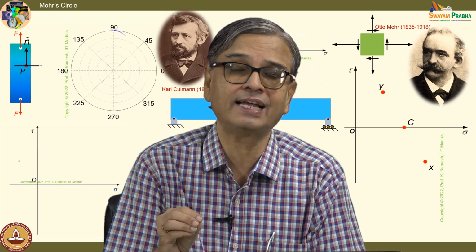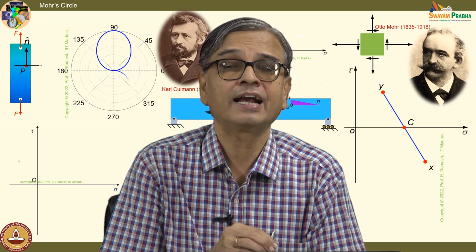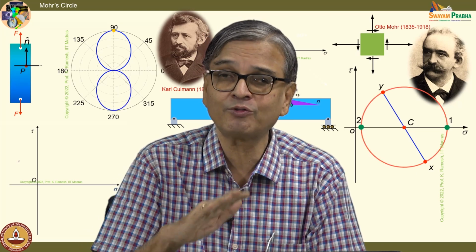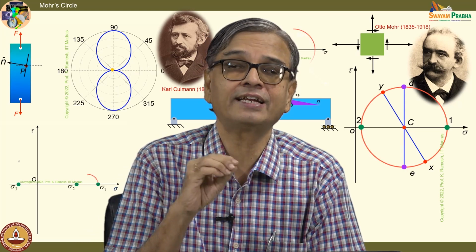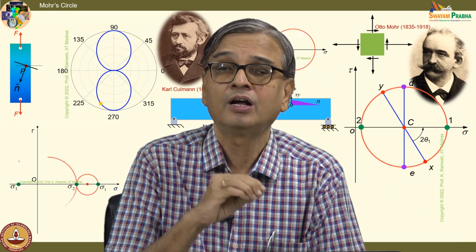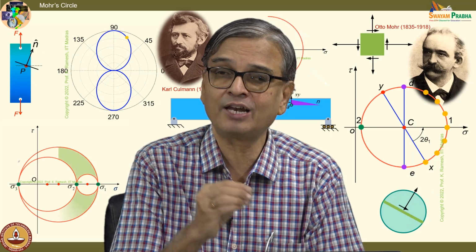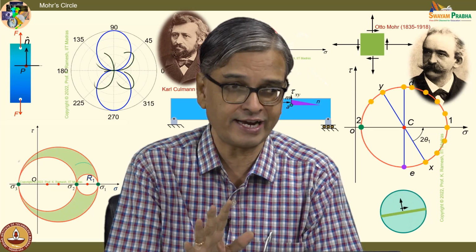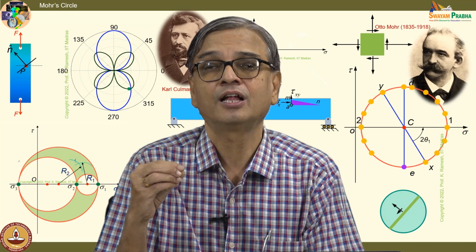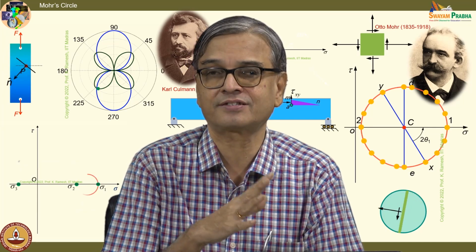Instead of 1 circle, I will have 3 circles, and the in-between area is what I have to worry about. For any of the data points, I should know how to locate that based on the direction cosine and the values of sigma 1, sigma 2, sigma 3. I can locate them. Then I can find out normal as well as shear stress. Thank you.